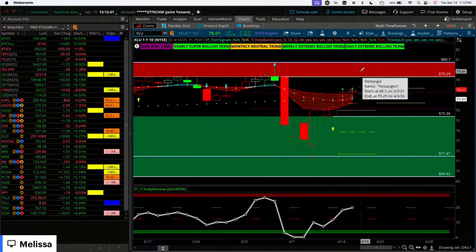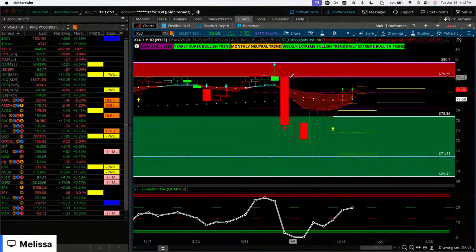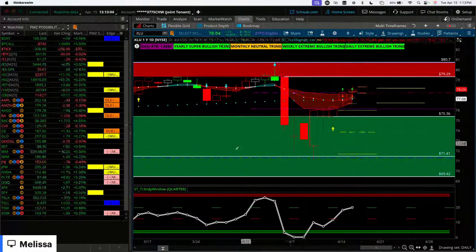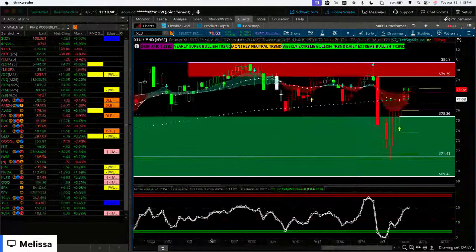So where price is at right now, it is also setting up to be an ACDC bull trade, but price has already been up here at the upper monthly edge. And so technically, the ACDC trade has played out, and we created supply there. But this supply zone has been tested multiple times.